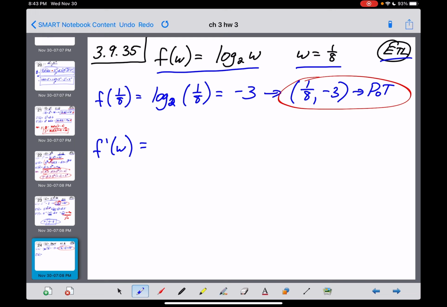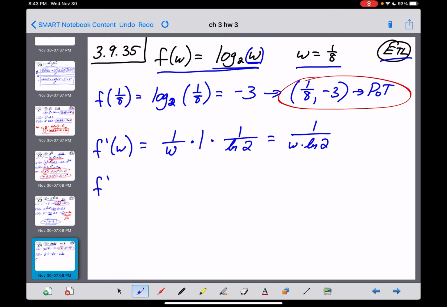We've got a derivative, not of a natural log, but of a log base 2 of W. So the derivative of a logarithm is going to begin with 1 over whatever that argument is, so that's going to be a 1 over W. We multiply that by the derivative of that argument, which in this case is just 1, and then we have to multiply by 1 over the natural log of the base of your logarithm, which is 2. So, that's kind of ugly. Looks like we end up with a 1 over W times the natural log of 2. Okay, not great, but that's what it is.